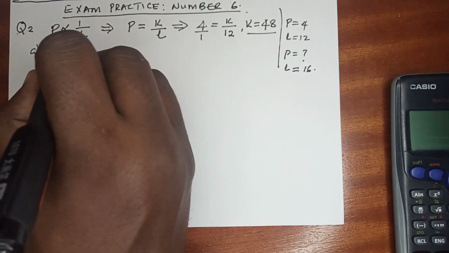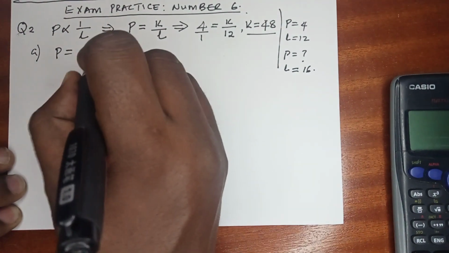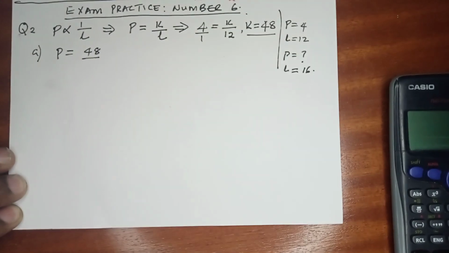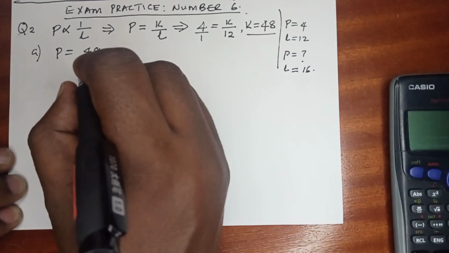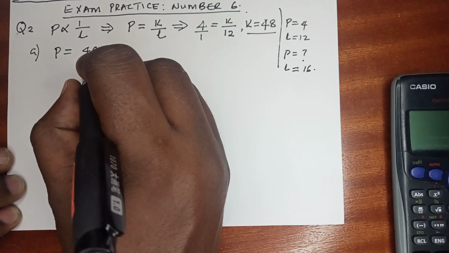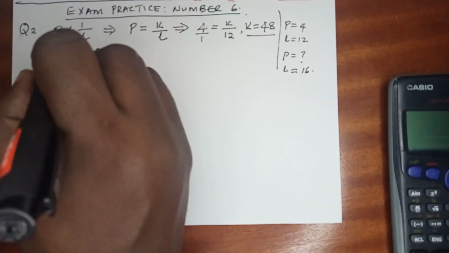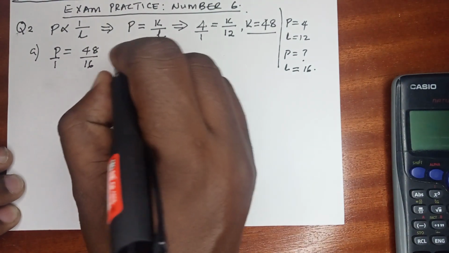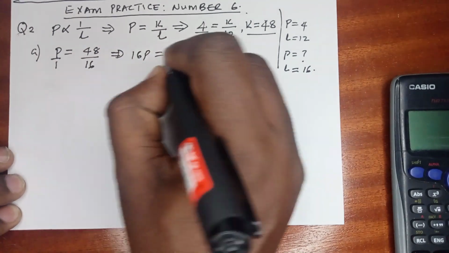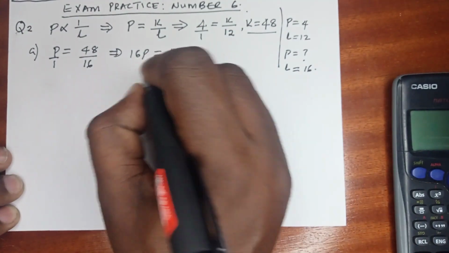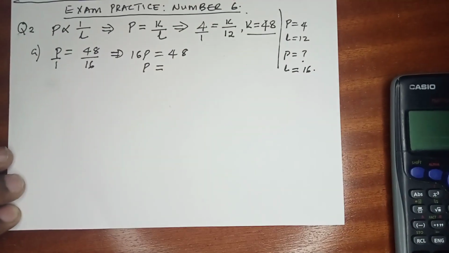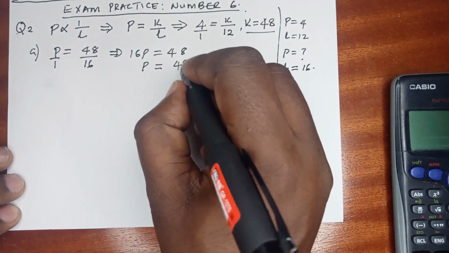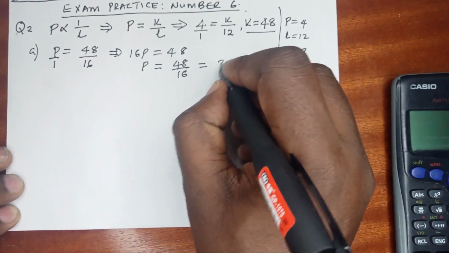Within this formula, P is equal to 48, the value of K, all over the loudness, which is 16. Since P is P over 1, and these are two equal fractions, we can cross multiply to have 16P equal to 48, and P is 48 divided by 16, which is 3.